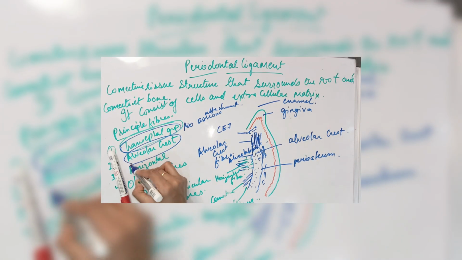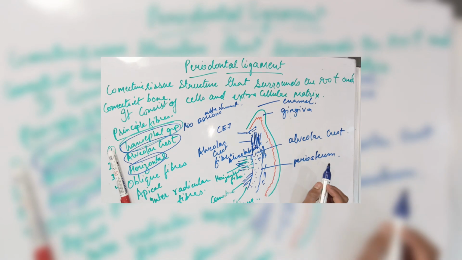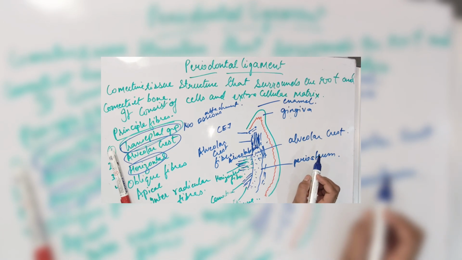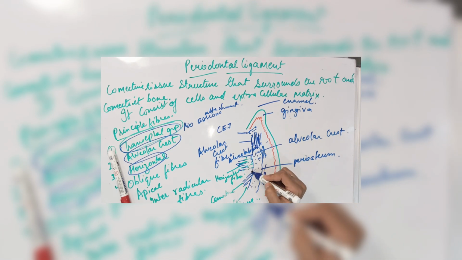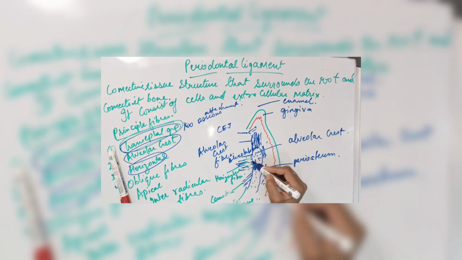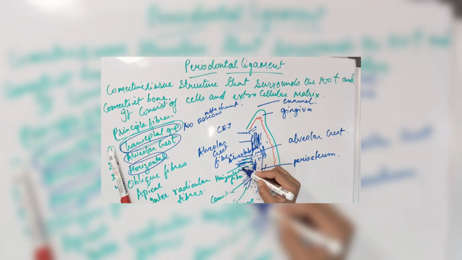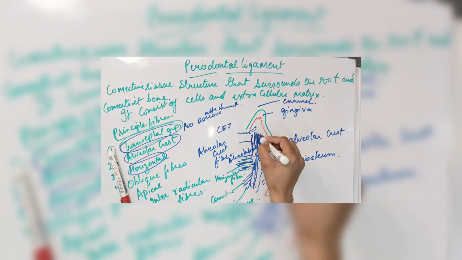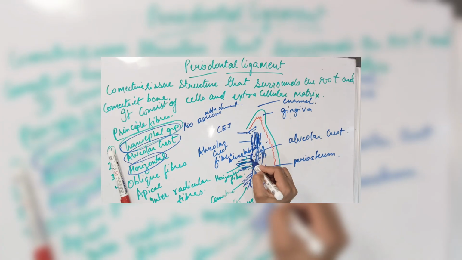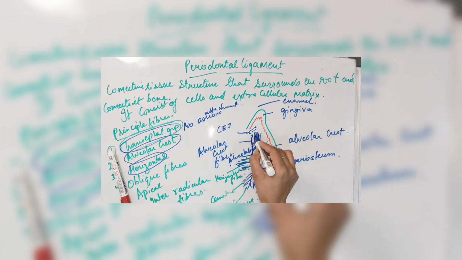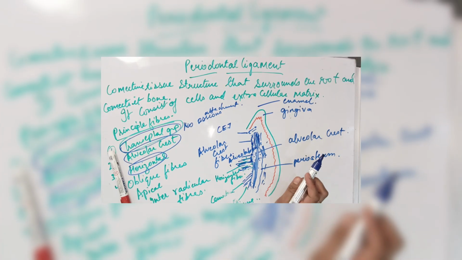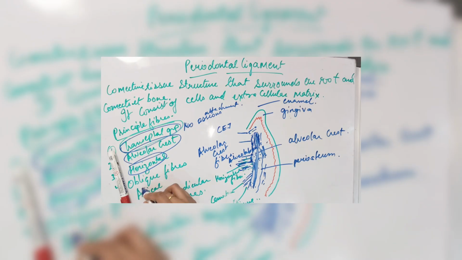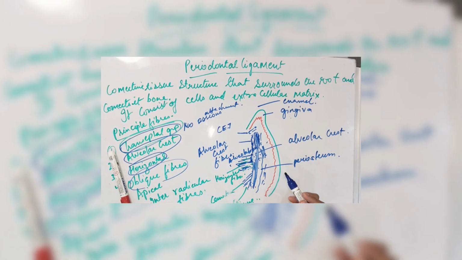Now comes the horizontal fibers. They extend from the cementum to the alveolar bone, at right angles to the long axis of the tooth. Next comes oblique fibers.